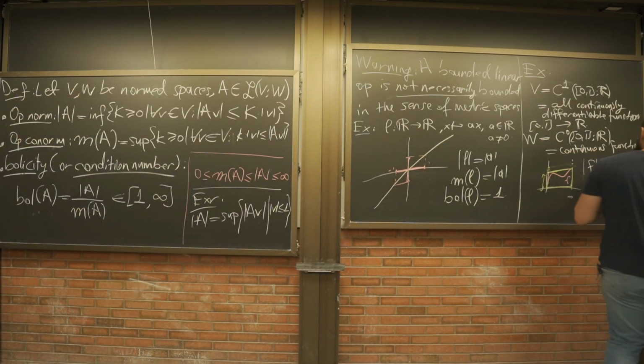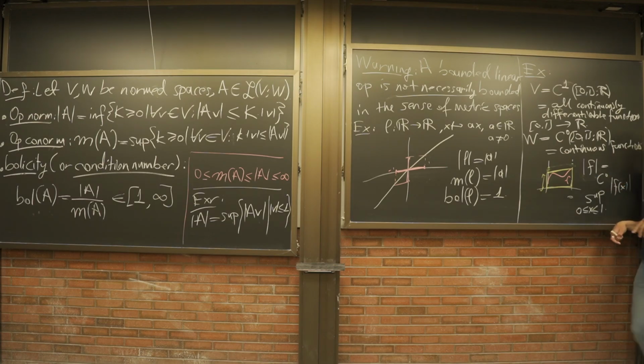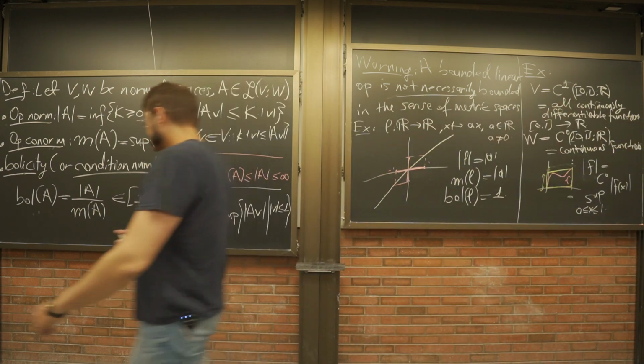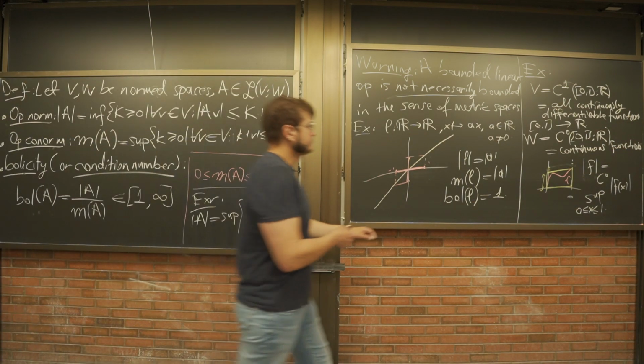And so I'm going to leave it to you to verify that this is a norm. We had axioms that define what it means for a function to be a norm. I'm going to leave it to you. And I turn V and W both into normed spaces relative to this norm. So let me continue here. Maybe I can erase the warning.